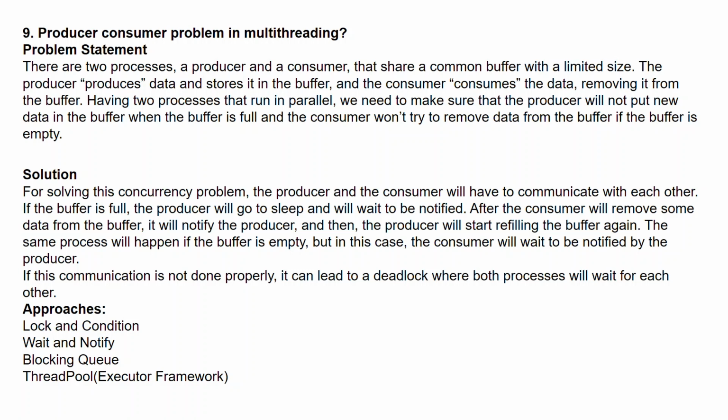The same process will happen if the buffer is empty, but in this case, the consumer will wait to be notified by the producer. If this communication is not done properly, it can lead to a deadlock where both processes will wait for each other. Approaches: Lock and condition. Wait and notify. BlockingQueue. Thread pool executor framework.